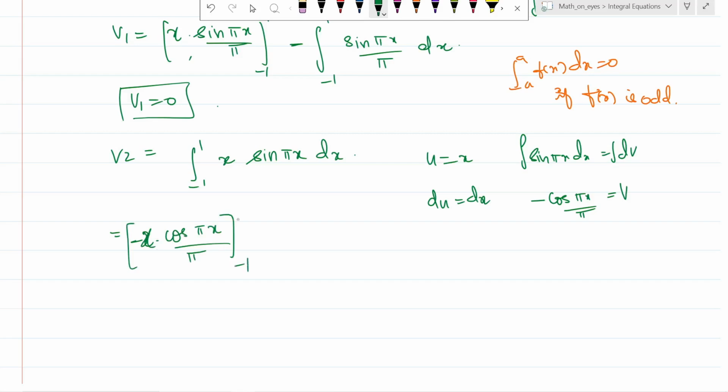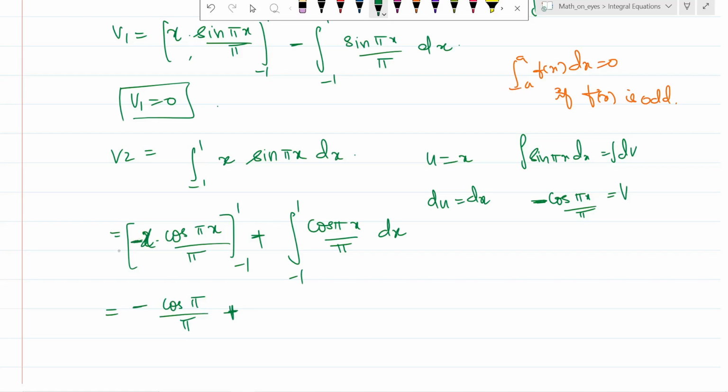Lower limit is minus 1, upper limit is 1, minus integral, already a negative, so this negative will make it positive, cos pi x divided by pi into du is dx, lower limit and the upper limit. So this is equal to, when you apply the upper limit, we get minus, this part will become 1, cos pi divided by pi. And when you apply the lower limit, already a negative, here also a negative, so we get a positive.